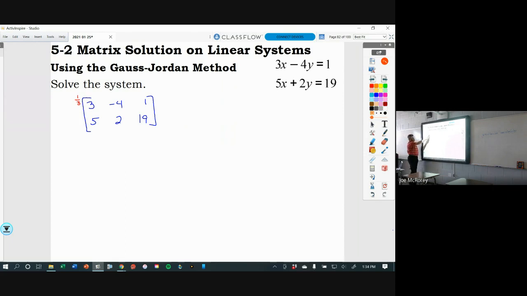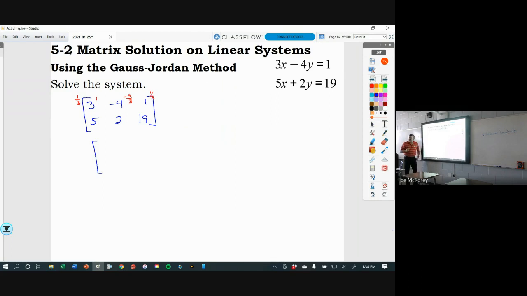So 1/3 of 3 is 1. 1/3 of -4 is -4 thirds. 1/3 of 1 is 1/3. As you're doing this Gauss-Jordan method, you're going to keep notes in the margin as far as what's going on. Currently, this is row 1 and this is row 2.